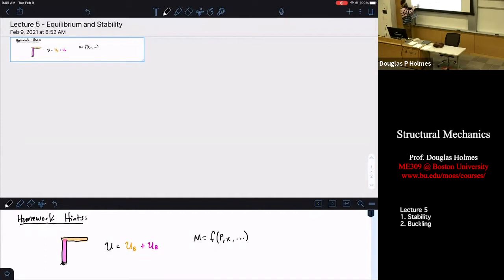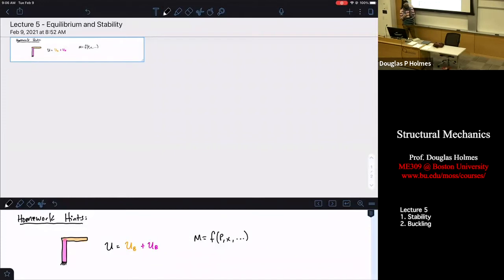And now I have to worry about, all right, where am I over here? All of this comes down to, do you remember how to split up from force balance and moment balance to figure out what the moment in this beam is? Because most of this stuff isn't hard. You just need to take the moment, square it, and then take derivatives of that with respect to your force P. That's Castigliano's theorem, right?